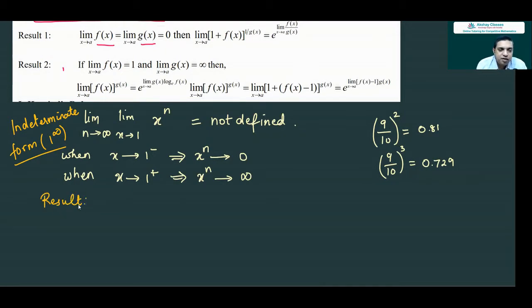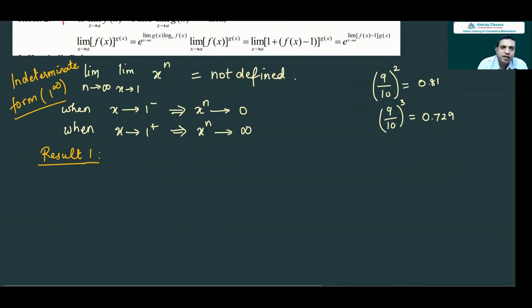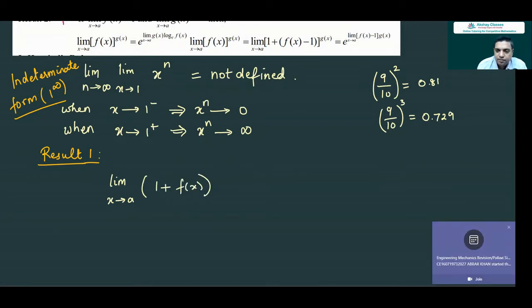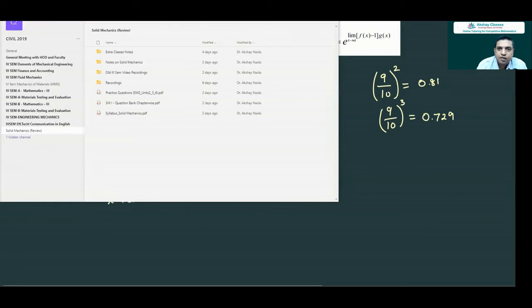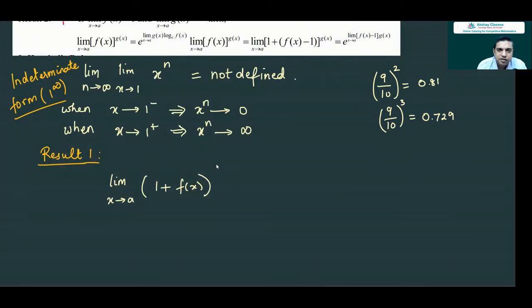How do we get this? I can just give the formula, but there will sometimes be miscellaneous limits for which we need to apply the same method. So I am showing how to do it. We have limit x tends to a, 1 plus f of x to the power 1 by g of x.